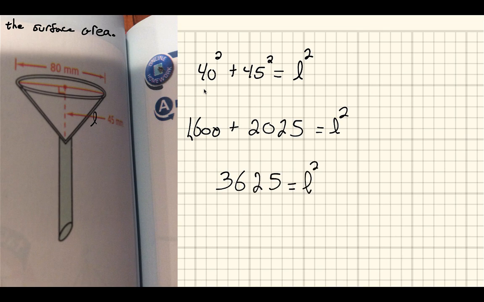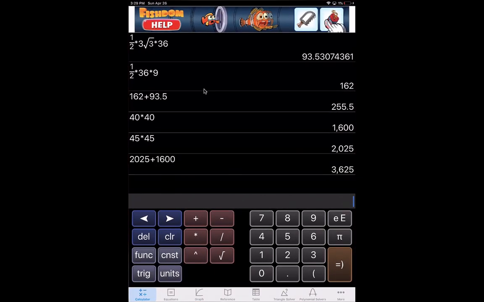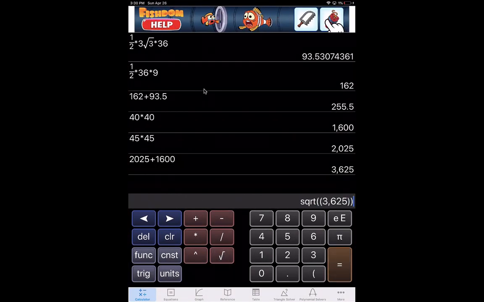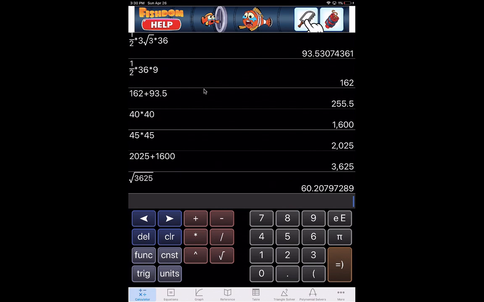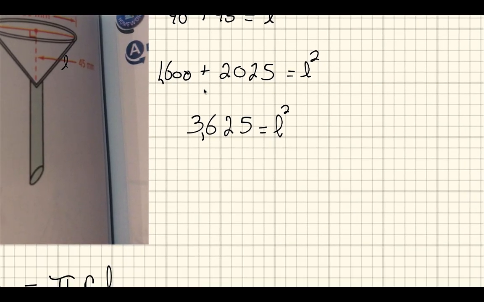Let's see if that is a perfect square. Let's take the square root of 3625. I got about 60.2, so not a perfect square, but that's okay. We can still use that. L is about 60.2 millimeters. All right, so that gives us L.